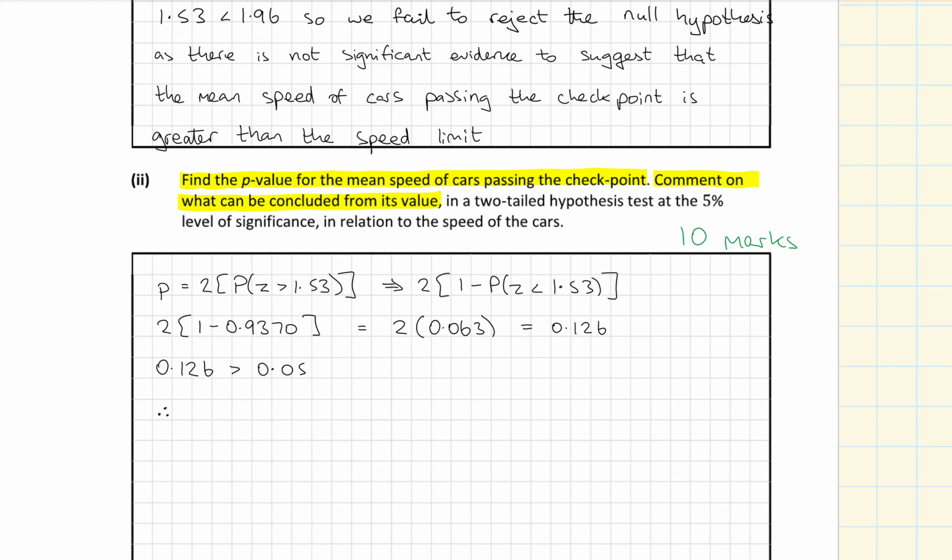So we are not inside the critical region, so we fail to reject H0. And then essentially you can copy and paste your comment from above: there's no significant evidence to suggest the mean speed of cars passing the checkpoint is greater than the speed limit.